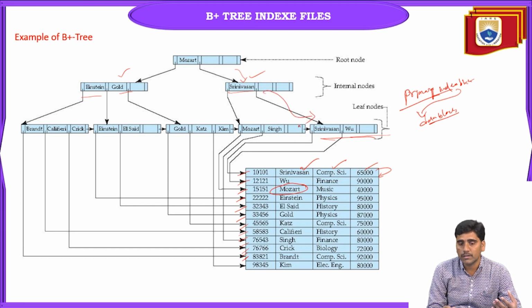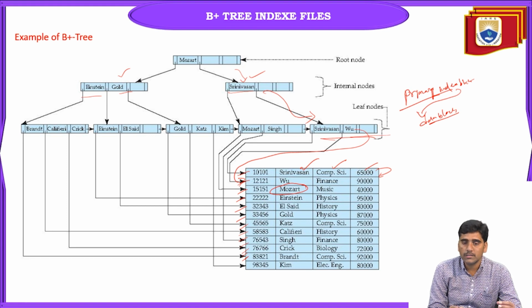It checks whether the related information to be displayed is attached to the internal nodes or not. If it is, it informs the leaf nodes, and the leaf nodes point to the exact location of the data in the data blocks, where the actual data gets loaded.